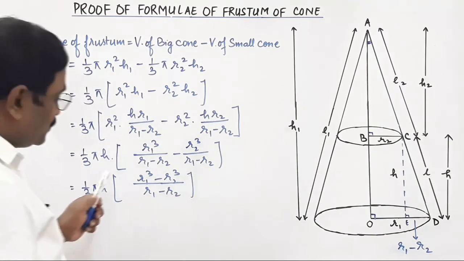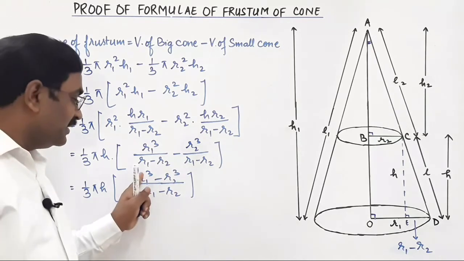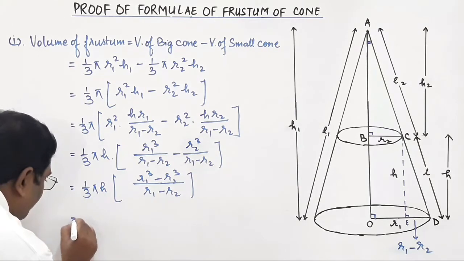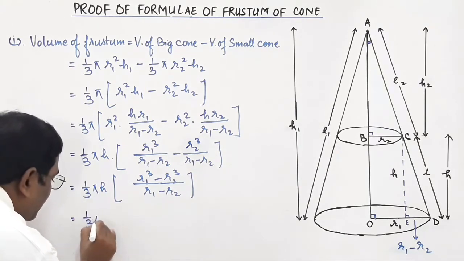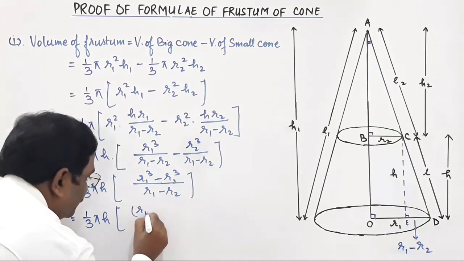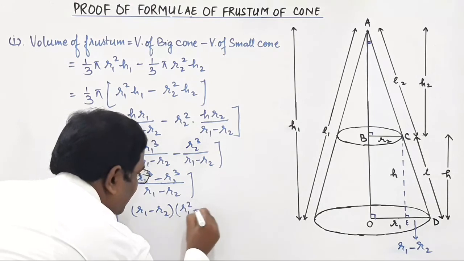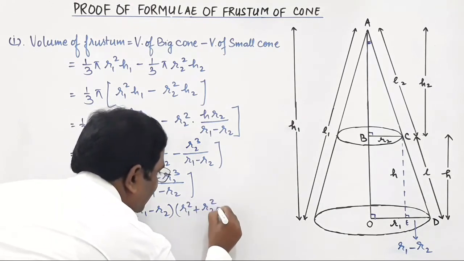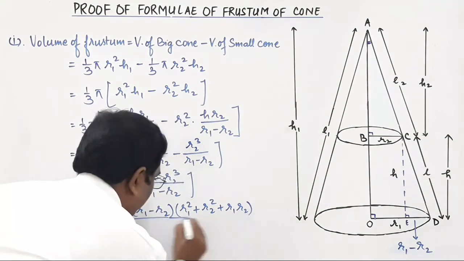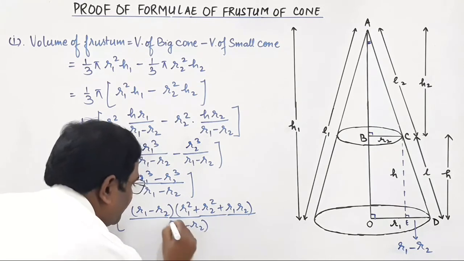Right? Now apply the formula of a cube minus b cube to R1 cube minus R2 cube, which is equal to 1/3 pi H, R1 minus R2, that is a minus b, into R1 square plus R2 square plus R1 into R2, divided by R1 minus R2.